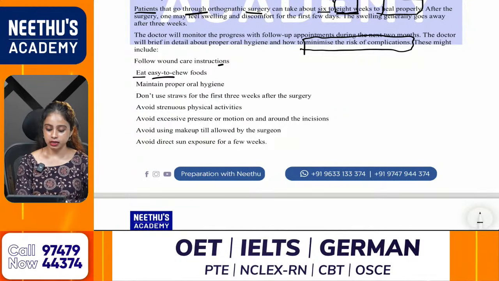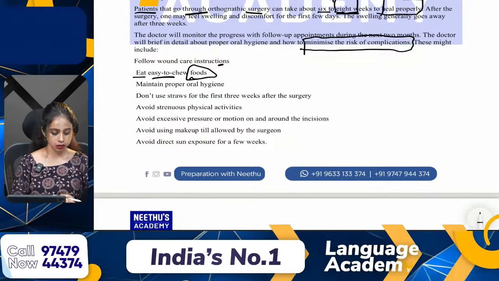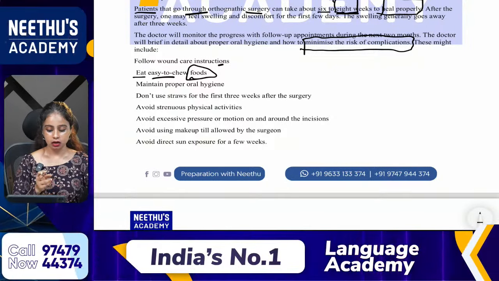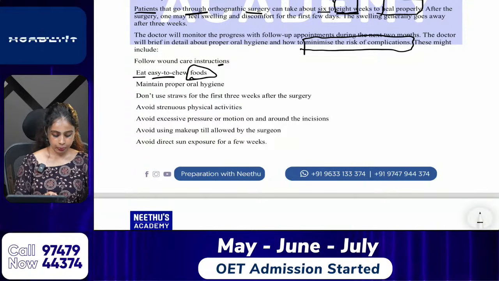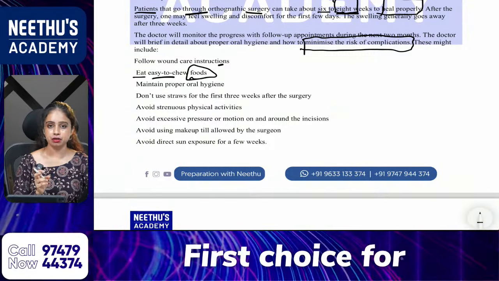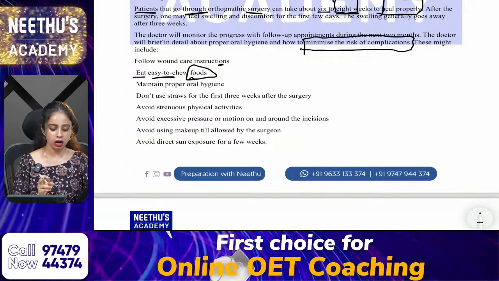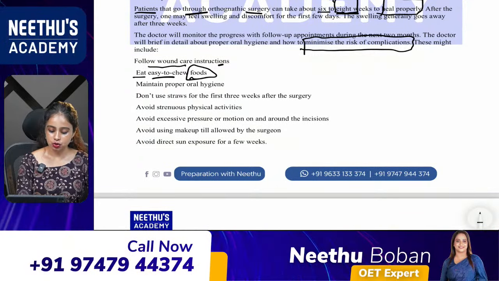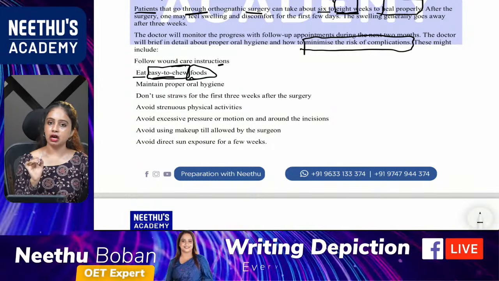So, that word itself is the keyword from the question. Very good. So, when you write easy to chew, you should mention the hyphen there. Otherwise, it is a wrong answer, because easy to chew in the paragraph is a hyphenated word.